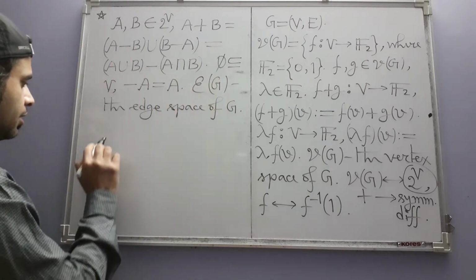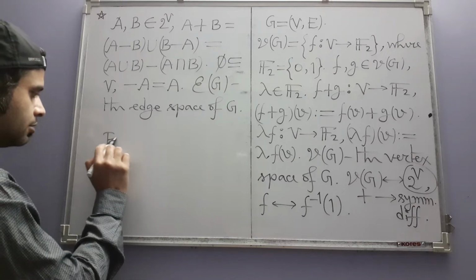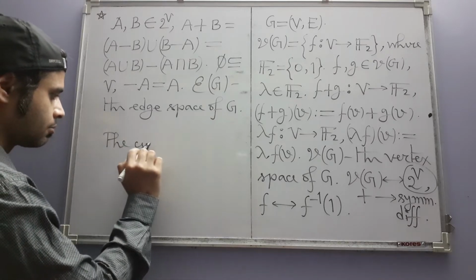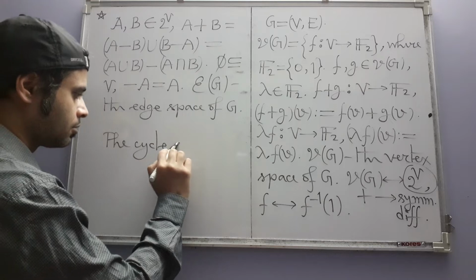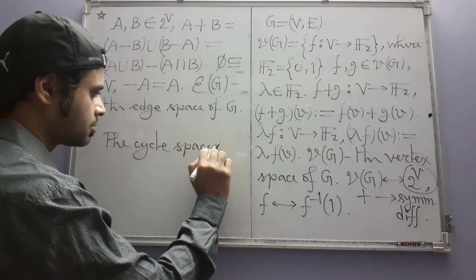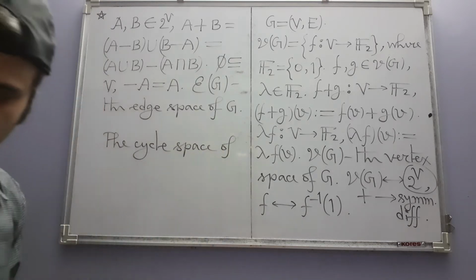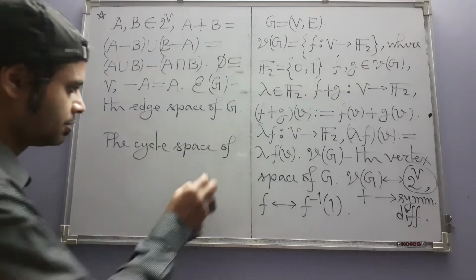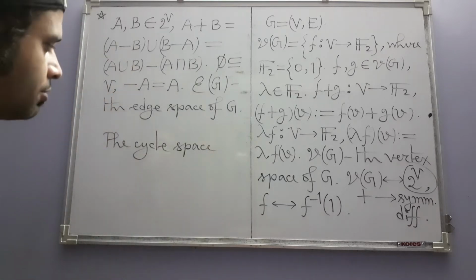in terms of the edge space, like this. The cycle space, well, we should write the notation for the cycle space.